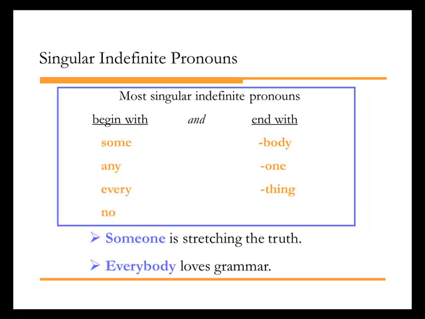Most indefinite pronouns are singular, and you form the singular indefinite pronoun typically by beginning your word with one of these and ending it with these. So somebody, someone, something, for example. These are always singular. So if you have one of these indefinite singular pronouns as your subject, you've got to make sure that you have a singular verb.